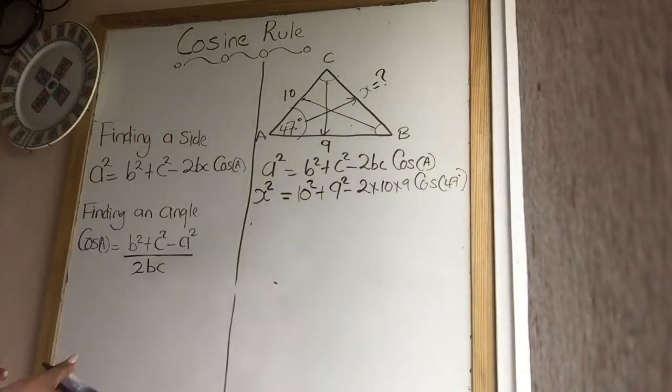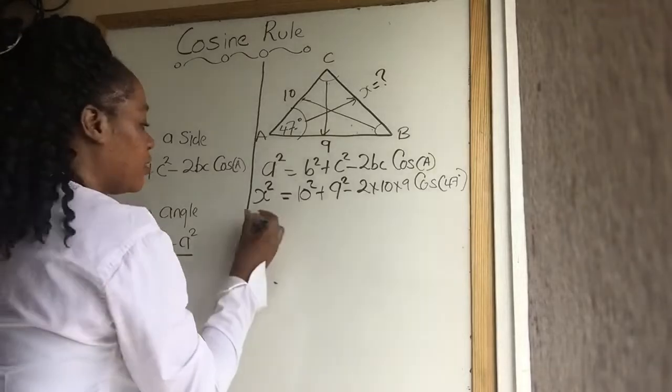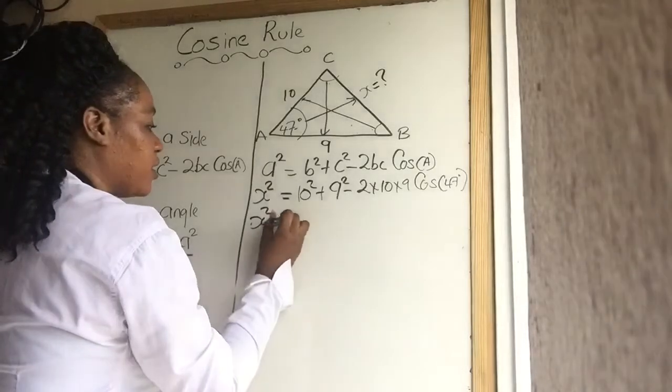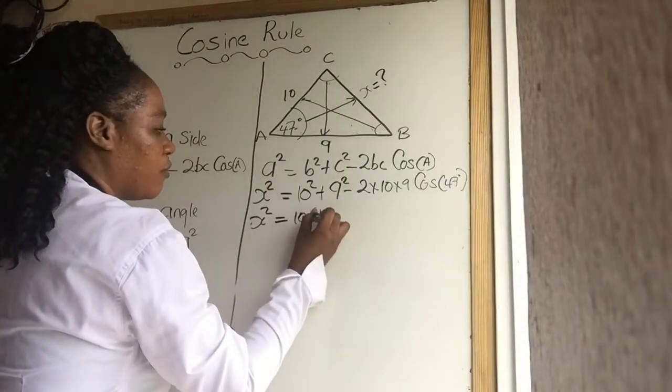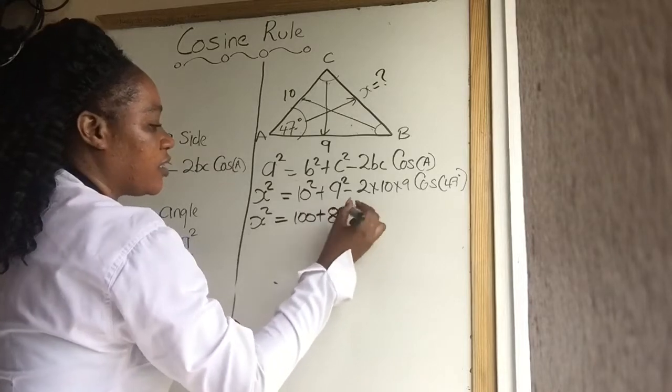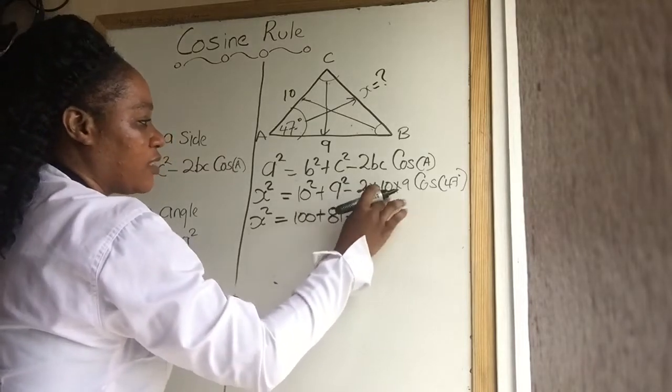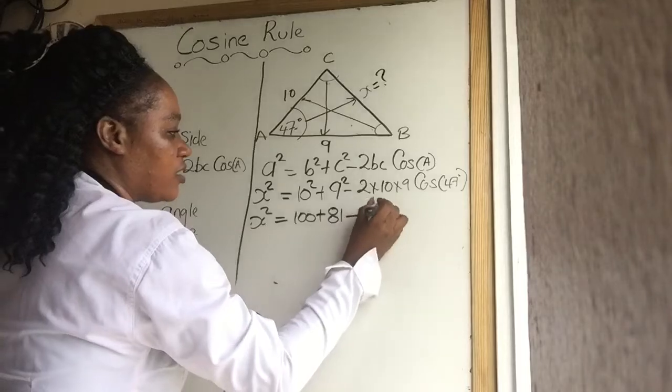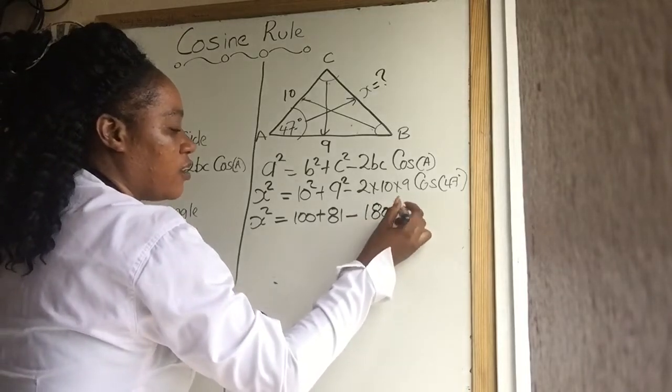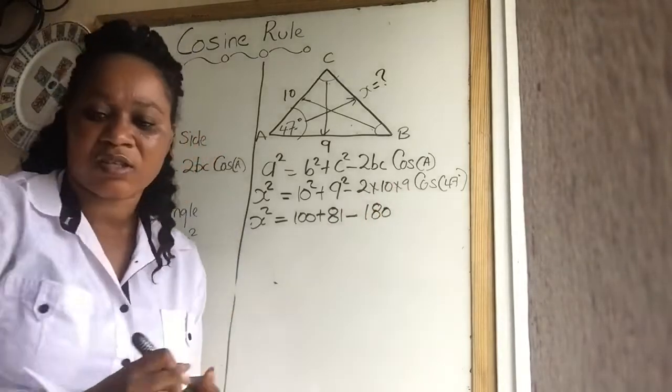So we're going to clean this up. x squared is equal to 100 plus 81, minus 2 times 10 times 9, which is 180, times cos 47.